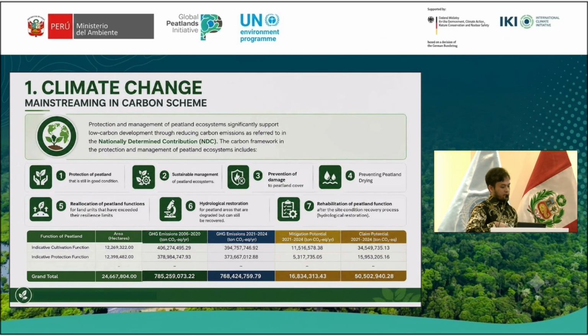So, as the result, the estimated emission reduction during 2021 to 2024 reached approximately 16.8 million tons CO2 equivalent per year, or 50 million tons CO2 for the 3 years.